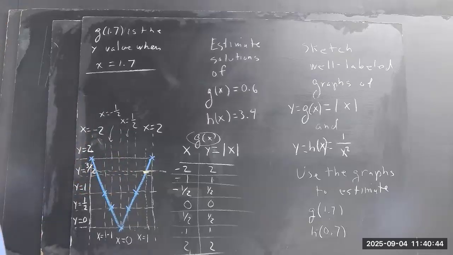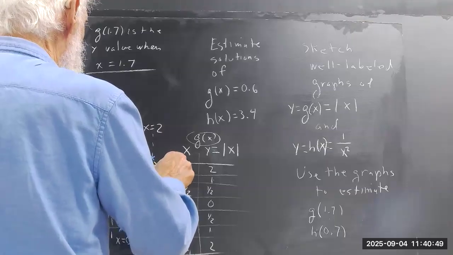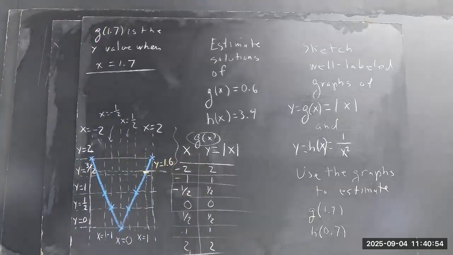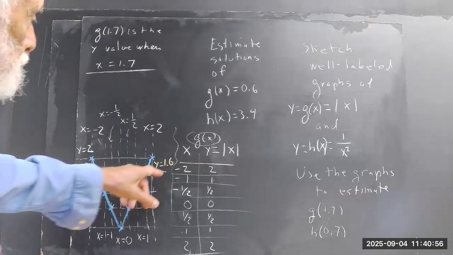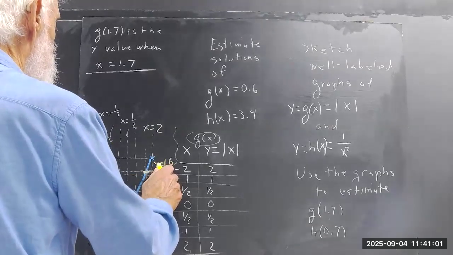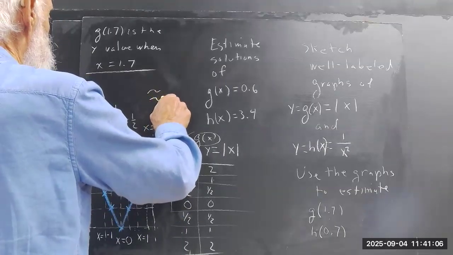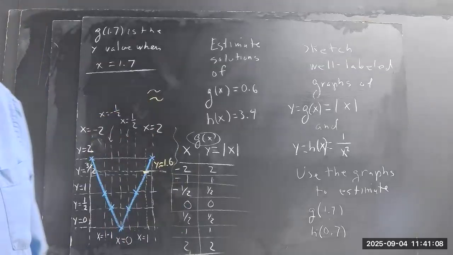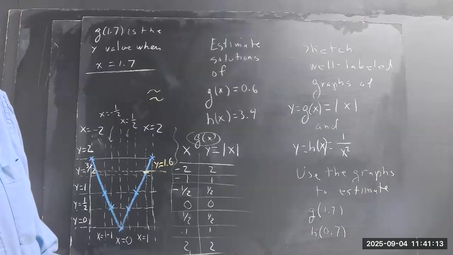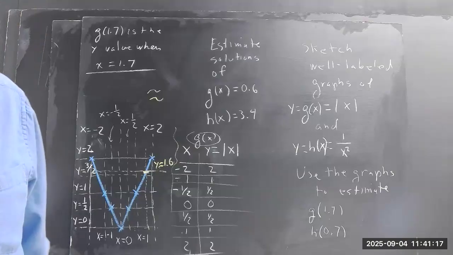It's between 1.6 and 1.7, but I'm going to say it's y equals 1.6. Well, that's an estimate. So I don't use an equal sign, actually. I make the equal sign a little bit wavy. You know, it's kind of like this. That means approximately equal to, okay? You only use an equal sign for an exact. And an estimate from a graph can never be considered exact.